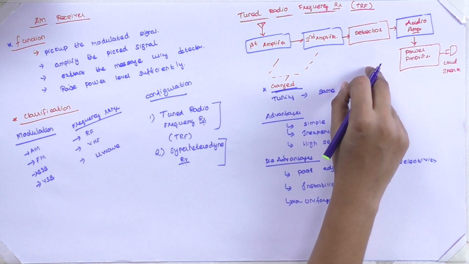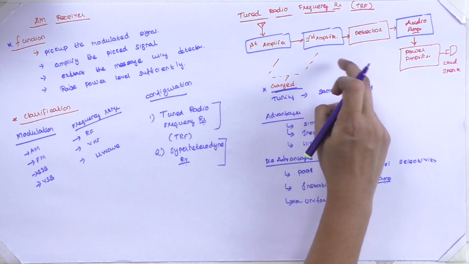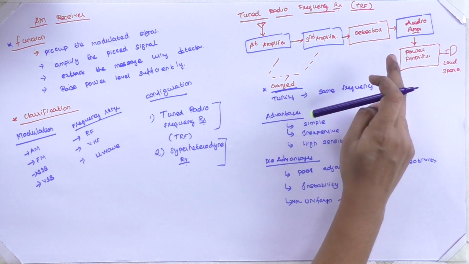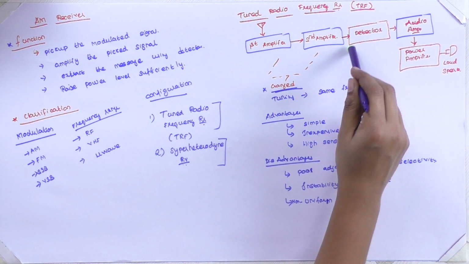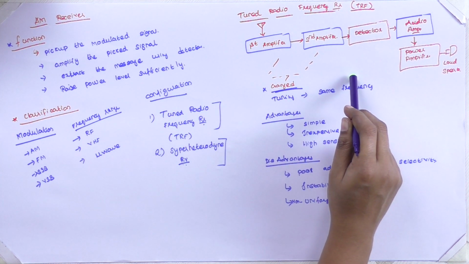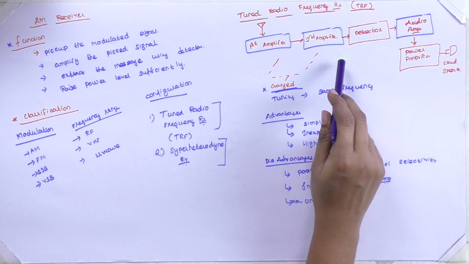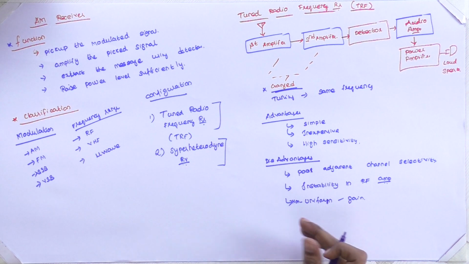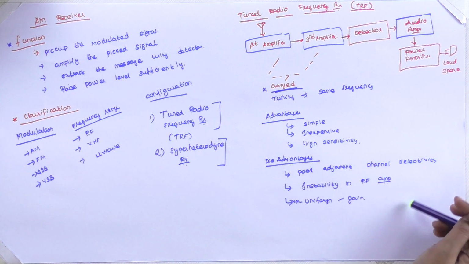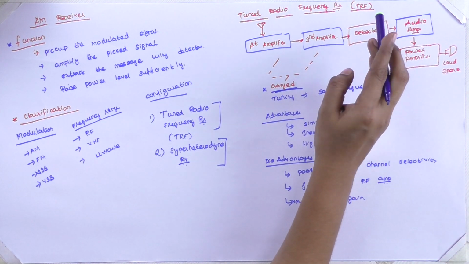Due to the series of amplifier stages, the gain offered by each amplifier stage may vary. Therefore, the series of amplifier stages will result in non-uniform gain. These are all the disadvantages of tuned radio frequency receiver.